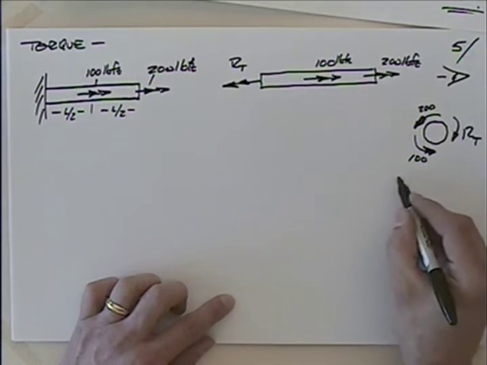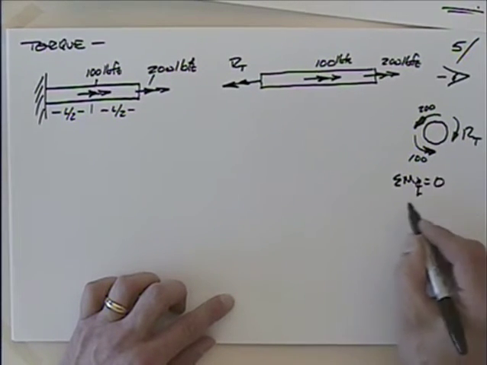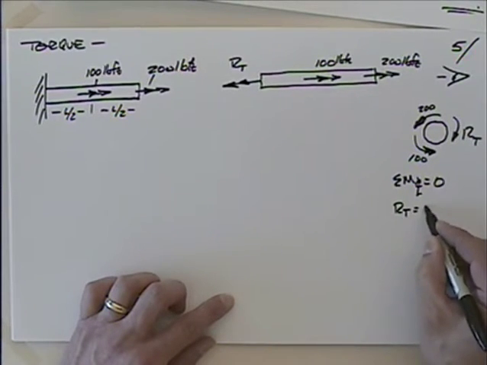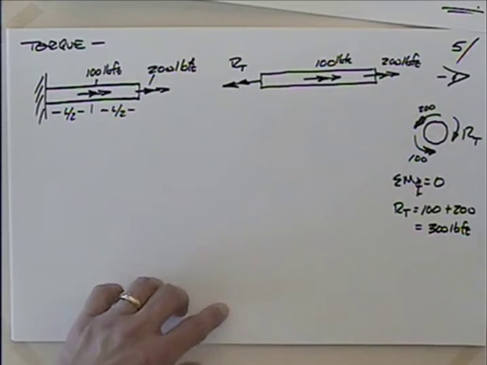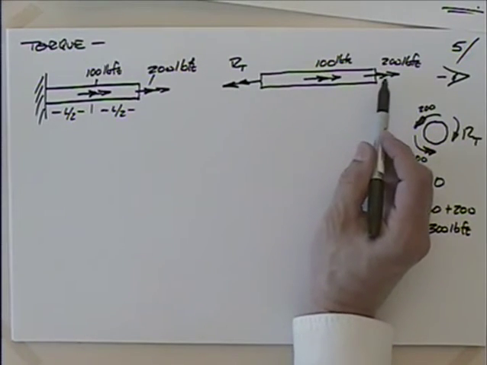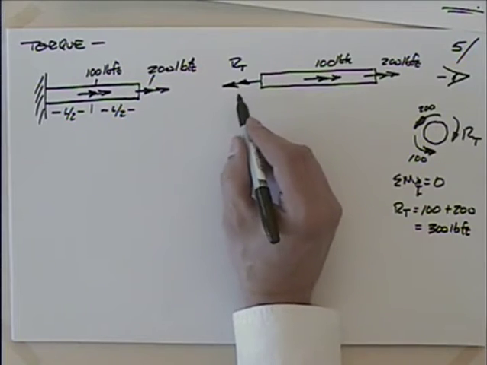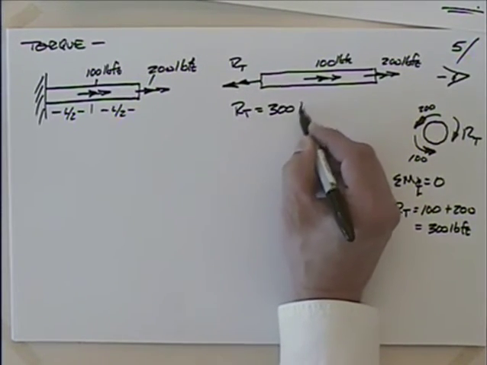Okay. So if we sum the moments about the center line of this thing, setting that equal to 0, I would have that R sub T is equal to 100 plus 200, or 300 pound-feet. Now, a lot of you probably would have said, well, I can just do that: if I take 200 to the right and 100 to the right, that means I would have to have 300 to the left, so RT is equal to 300 pound-feet.